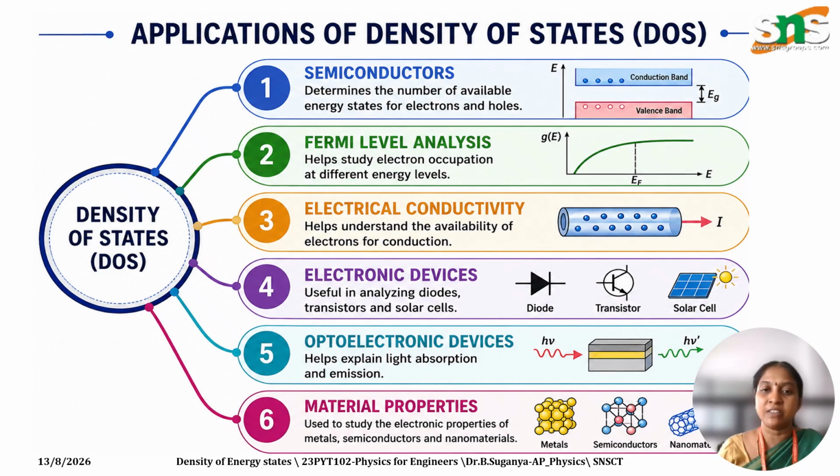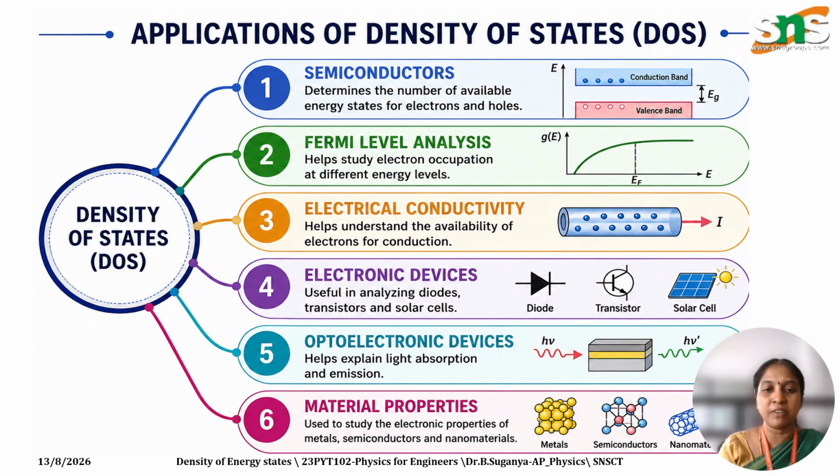In these energy states, how many electrons are occupied, how many electrons can occupy, what is the availability; all that we can check. Next is electrical conductivity: it helps understand the availability of electrons for conduction, whether free electrons are available or not, that we can find.